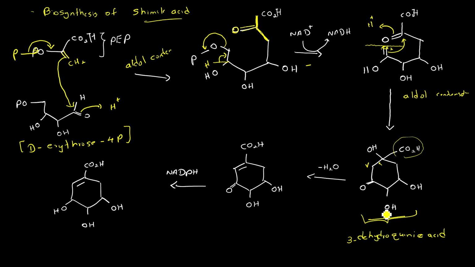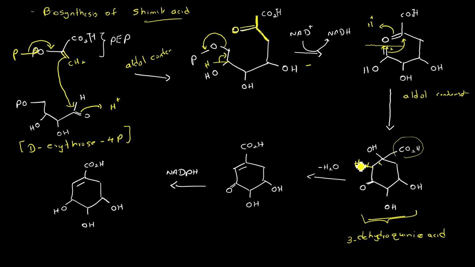So now we are in here. Then in the next step you can see an H2O molecule, a water molecule, will be removed: dehydration. You know there's a hydrogen over here, there are hydrogens over here, so this OH alongside a hydrogen is removed. You know the mechanism from basic organic chemistry, so I won't mention it here.